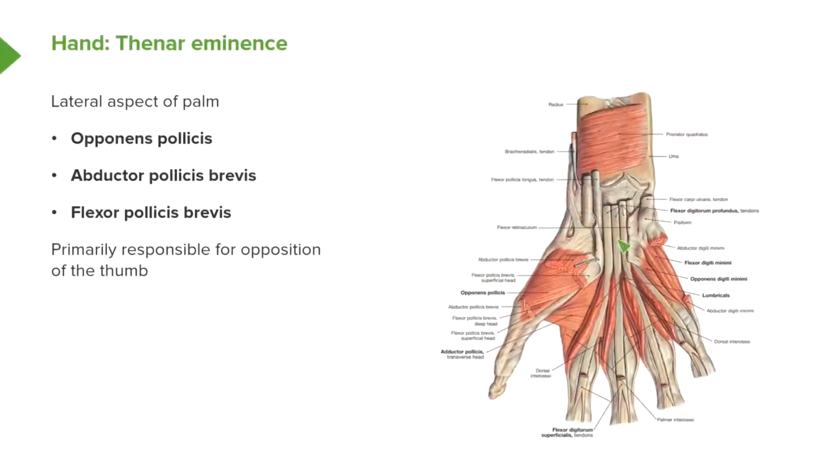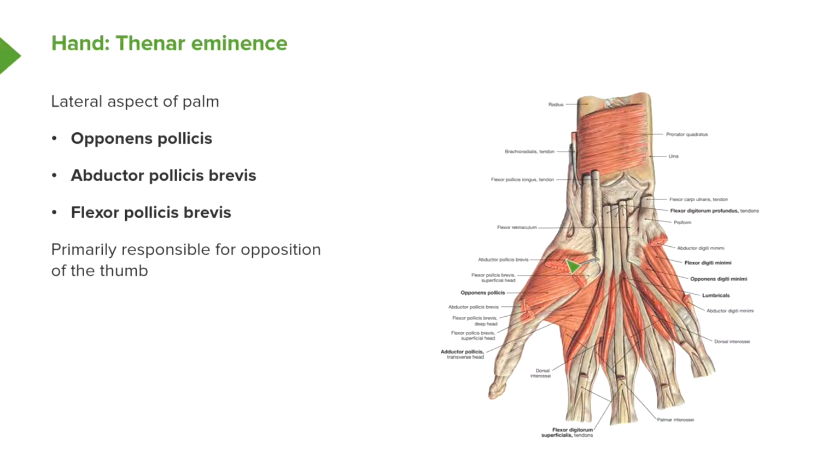We can see these muscles here. Deep within the thenar eminence, we can see opponens pollicis. We can see this muscle here, opponens pollicis. And then we can see that what's being cut are 2 muscles. We have flexor pollicis brevis here. Flexor pollicis brevis, we can see the 2 cut ends of it here. So we have this muscle, flexor pollicis brevis, and we have the other part of it here.